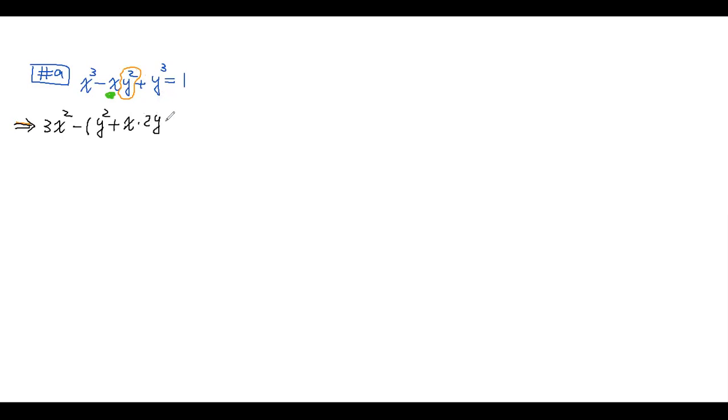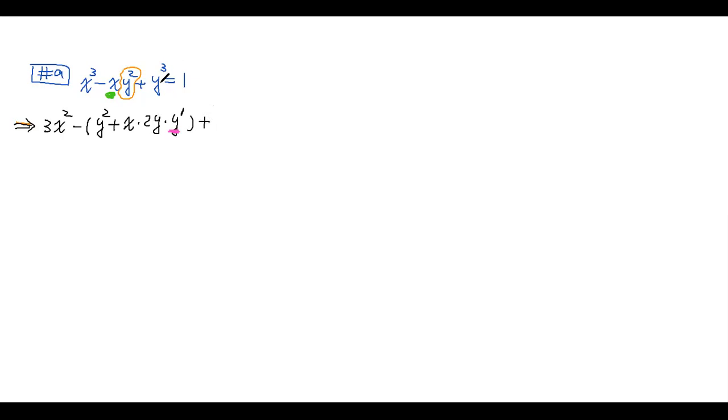Remember what you have here: you need to have a y prime. This is our chain rule. A lot of students lose points because sometimes they forget this y prime. Then this is a plus.